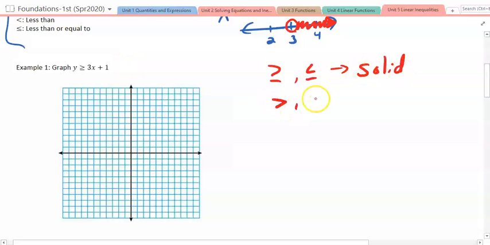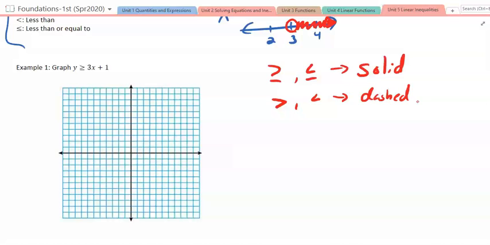If it is just greater than or just less than, the line will be dashed because the points along the line will not be a solution to the inequality. We'll talk more about solutions in tomorrow's lesson. Today we're focusing just on the graphing.